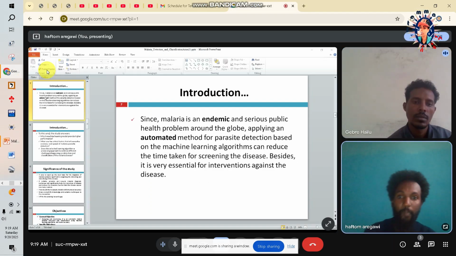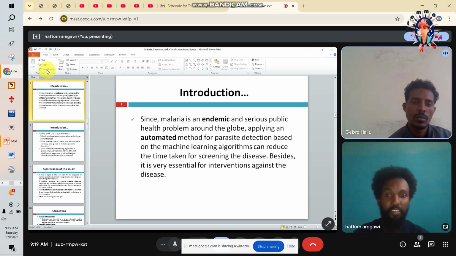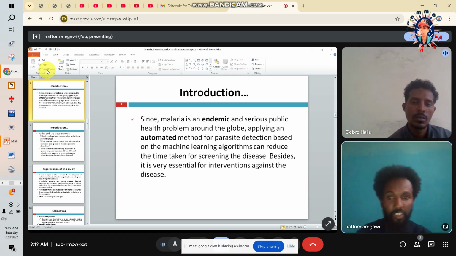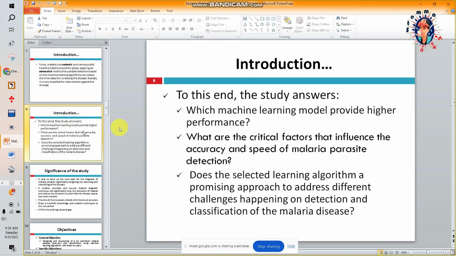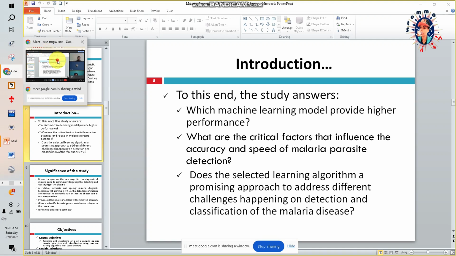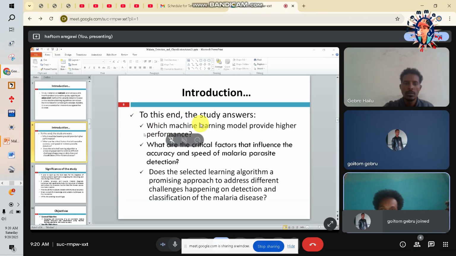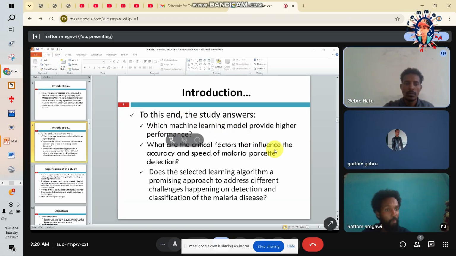Since malaria is an endemic and serious public health problem around the globe, applying an automated method for parasite detection based on machine learning algorithms can reduce the time taken for screening the disease. Besides, it is very essential for intervention against the disease. To this end, the study will answer which machine learning model provides high performance.